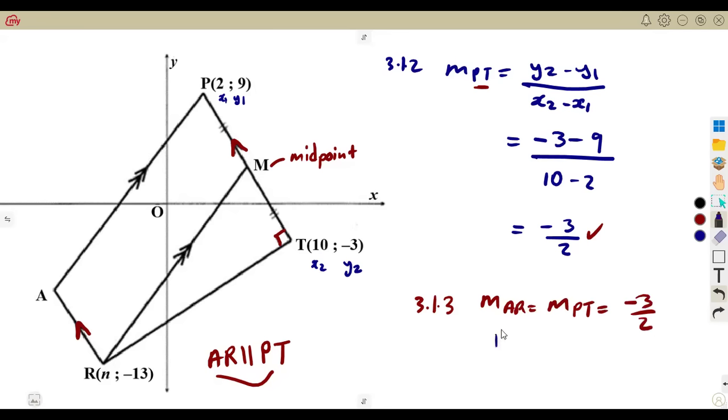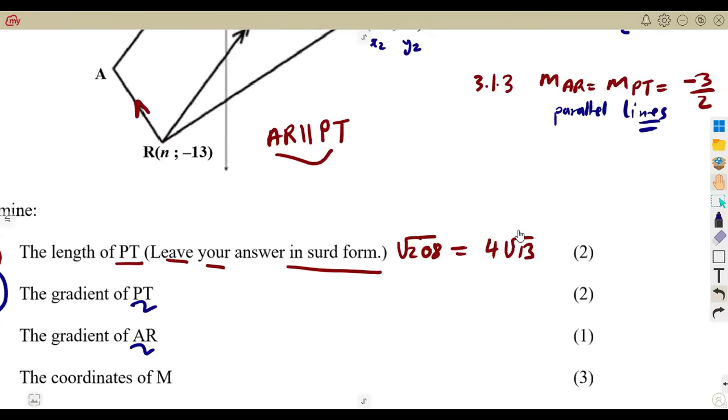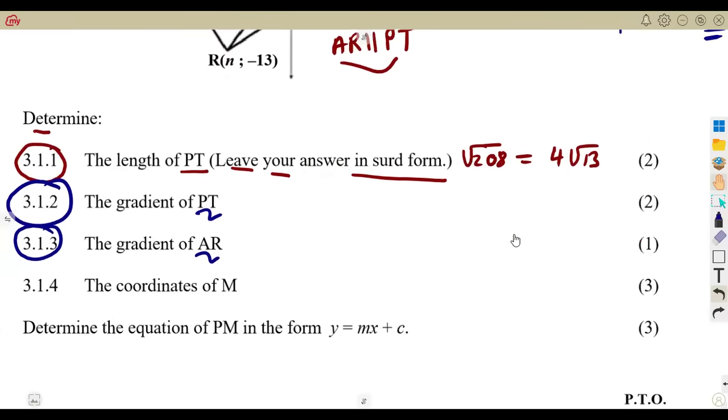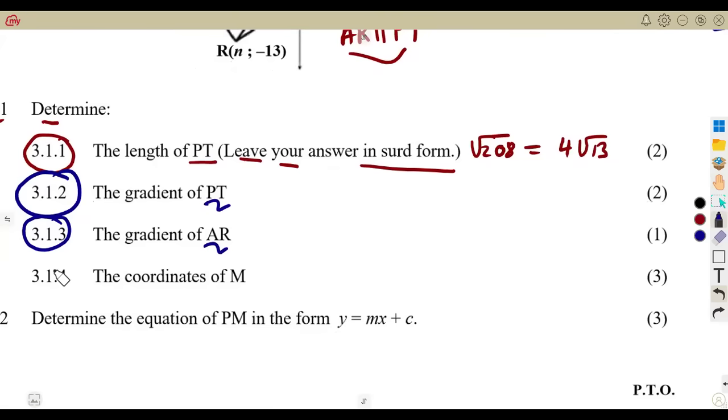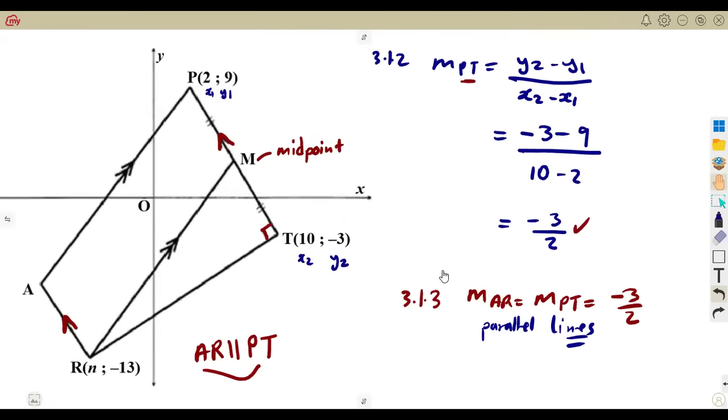We are talking of parallel lines. If two lines are parallel, they've got the same gradient. If they are perpendicular, the product of the gradients is minus 1, but these ones are not perpendicular, they are parallel. 3.14, the coordinates of M, where we are told that M represents the midpoint.